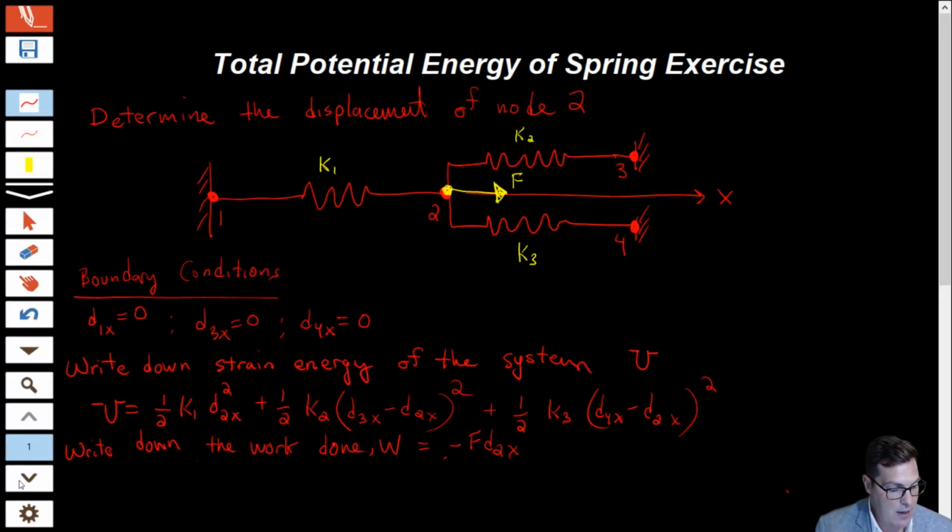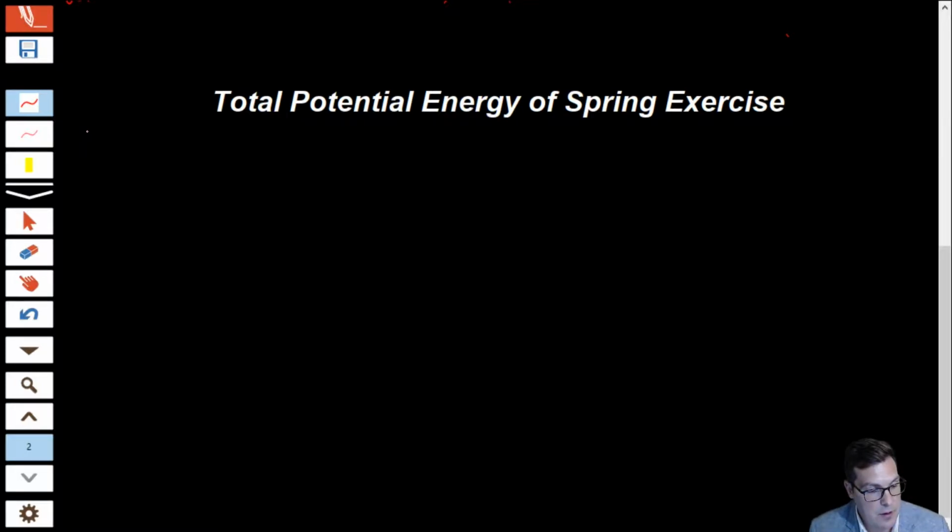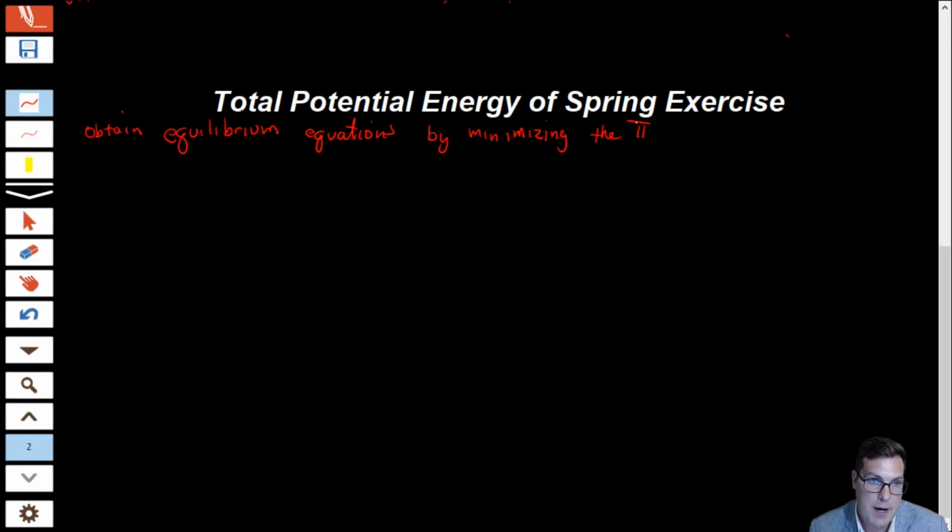Now, if we want to obtain equilibrium, we could obtain equilibrium equations by minimizing the total potential energy pi with respect to unknown displacements.